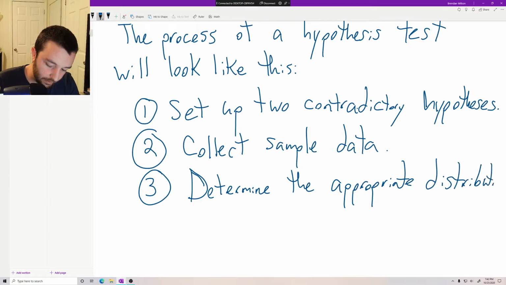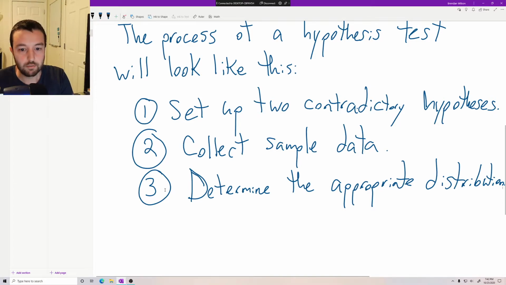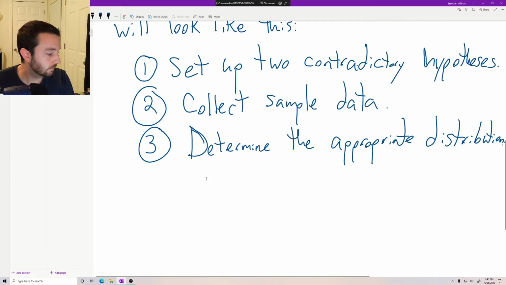Okay. So which distribution do we need to perform the test? We'll talk about that more in 9.3, I believe. Yeah, 9.3. It's typically going to be the normal distribution or the t-distribution. So make sure you're familiar with those from the stuff we did in chapters 6, 7, and 8.